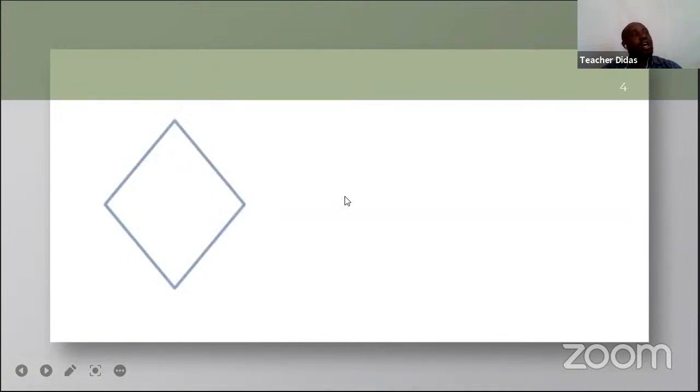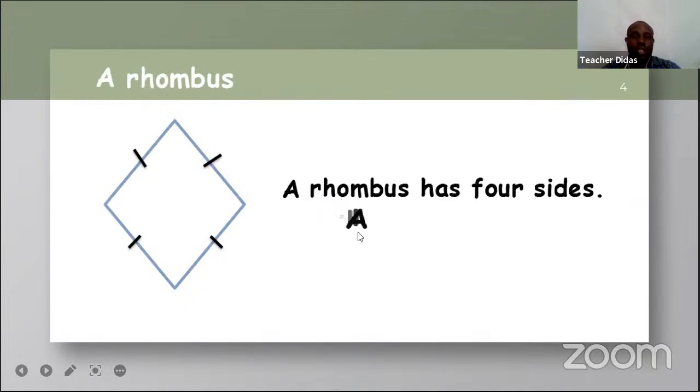Many called it a diamond. Others called it a kite. Others, my friend, said that teacher, I'm looking at the 4 lines. Okay, but there are 4 lines, which is okay. So this one is a rhombus. Why is it a rhombus? All the sides are equal. It's like a square, but in that format, and it's called what? A rhombus. So when you look at this rhombus, it has 4 sides, and all the sides are equal.